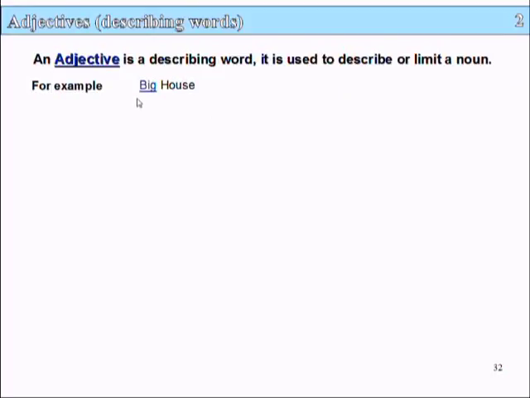Here the word big is an adjective. It's describing the house, and house is the noun. House is the thing. Strong man. Man is the noun, the thing, and strong is the adjective. He's not a weak man, he's not a red man or a blue man, he's a strong man.